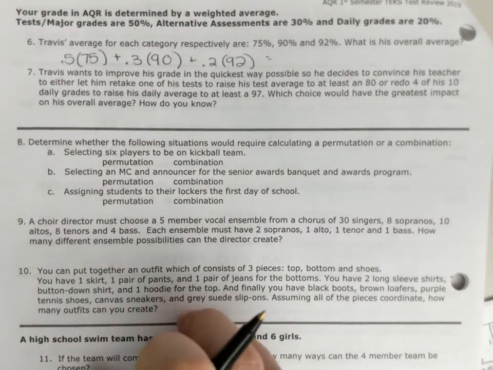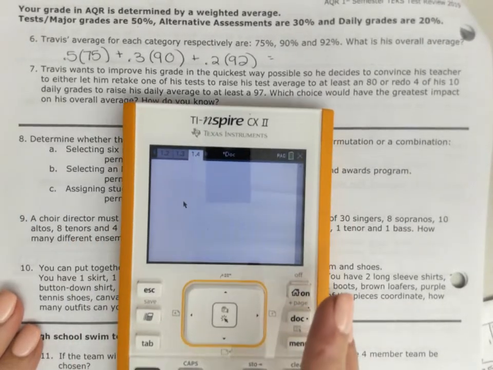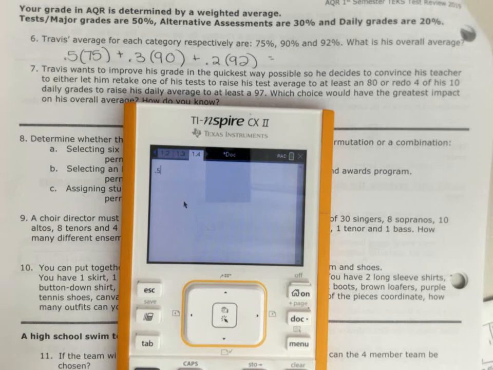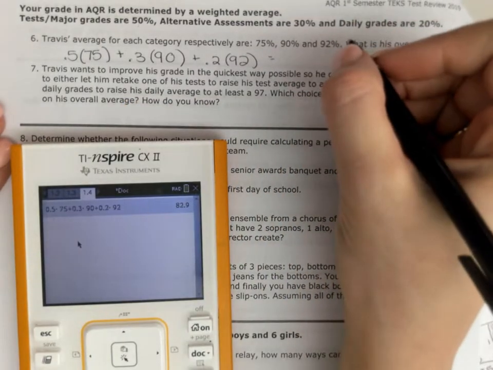So when you multiply and add 0.5 times 75 plus 0.3 times 90 plus 0.2 times 92, we get a final grade of an 82.9.